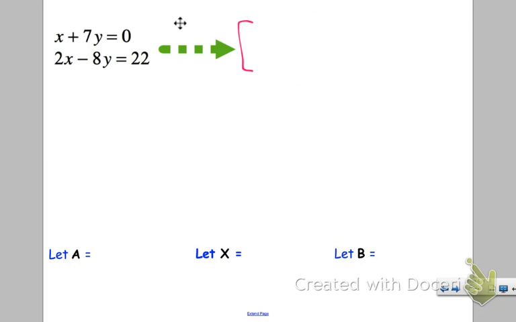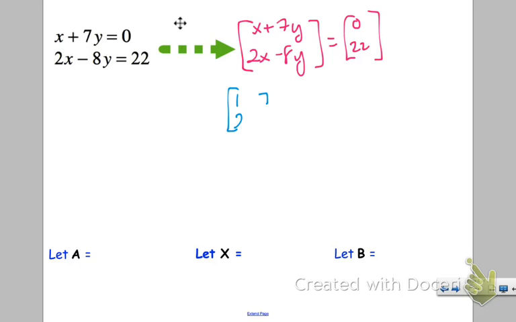So this can be written as an equation of 2 by 1 matrices. So x plus 7y over 2x minus 8y, that should look familiar, that's what we just did the page before, equals 0, 22. And we just said, based on the previous page, that this could be written as 1, 7, 2, negative 8 times the variables x, y to equal 0, 22. Okay, awesome. Now what we want to do is solve this.